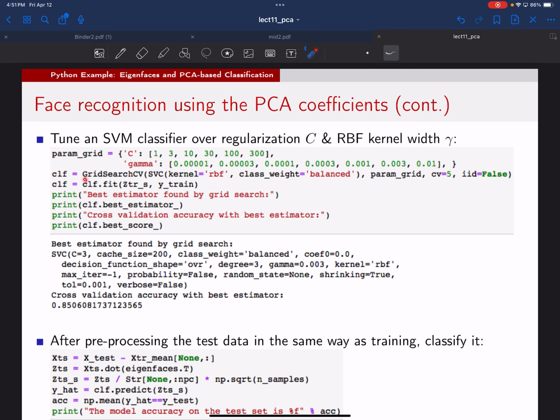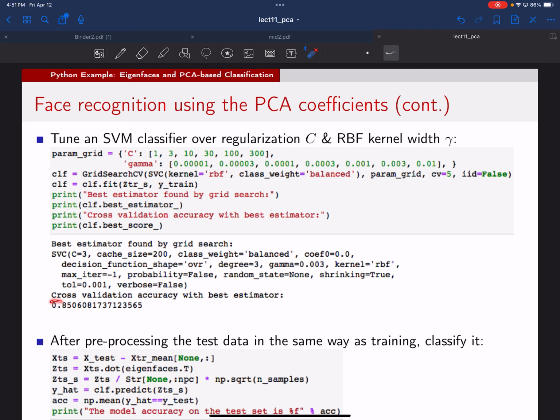We do grid search CV. We give it SVC with our RBF kernel, parameter grid, 5-fold cross-validation. And then we just do fit. We give it our training data, training labels, and it comes up with its design.